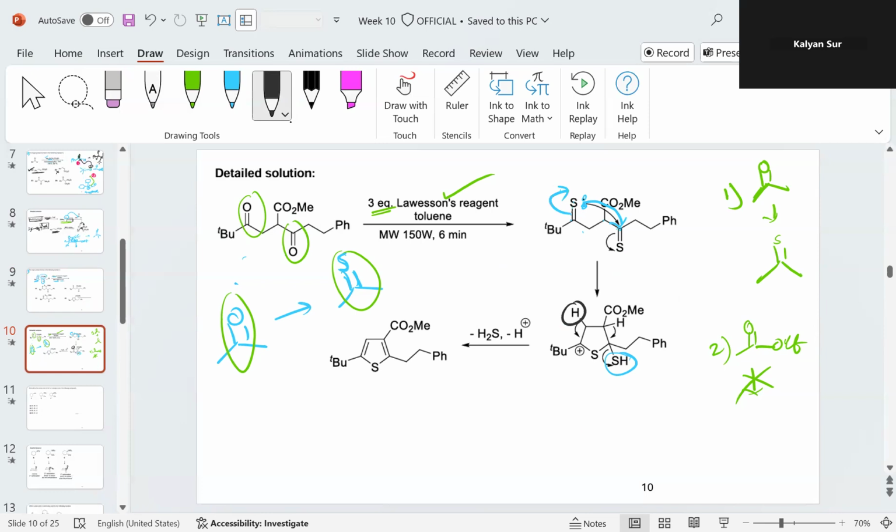To eliminate this first proton, there is the driving force of this cation, so it will form the double bond at this position. So this is the double bond, and another proton is the acidic proton, so that again gets eliminated. This will be as an SH, and again another H, that's the H2S elimination.